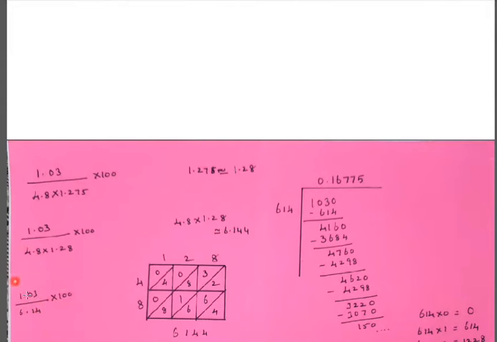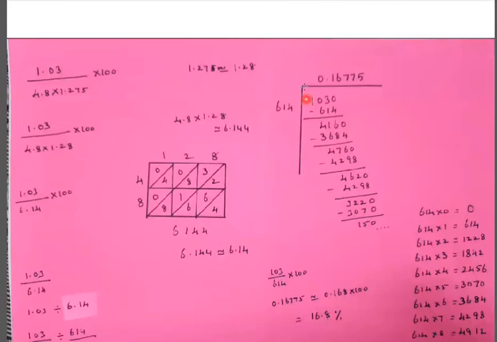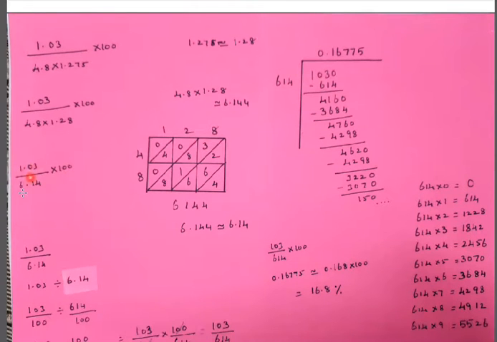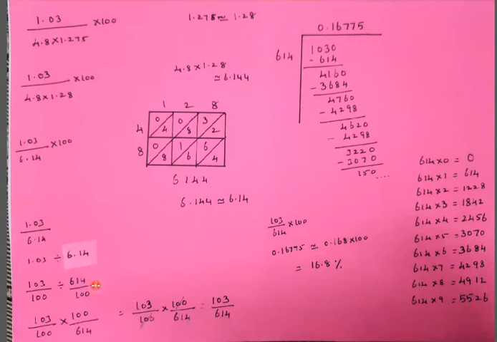So here 1.03 divided by 6.144 into 100. So 103 is to be divided by 614. I have written here that both are fractions, so remove the fractions. 1.03 divided by 6.14: here 2 decimals and here 2 decimals. So remove these 2 decimals, which means dividing by 100 in both.